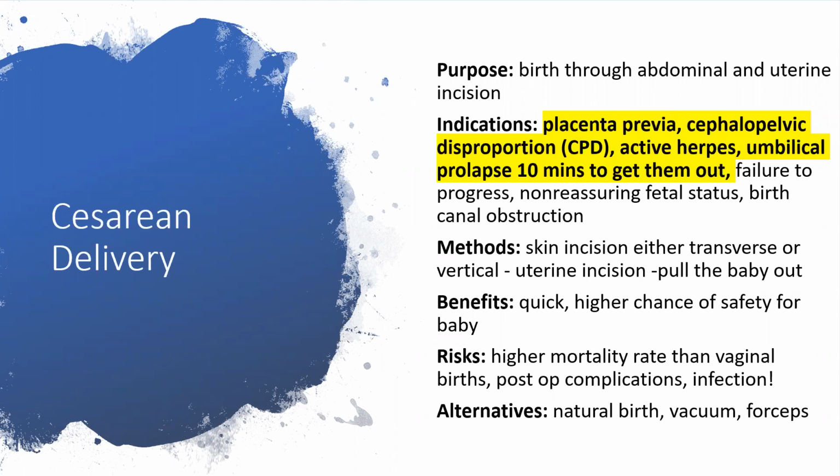We do have some risks with a C-section though: a higher mortality rate than a vaginal birth, post-op complications, and infection. A C-section is a major surgery. A lot of times people sleep on it, like, oh, it's just a C-section. No, it's not. You're in the operating room, you have the scrub nurse, you have everything, and you're going to like to watch it when you go there.